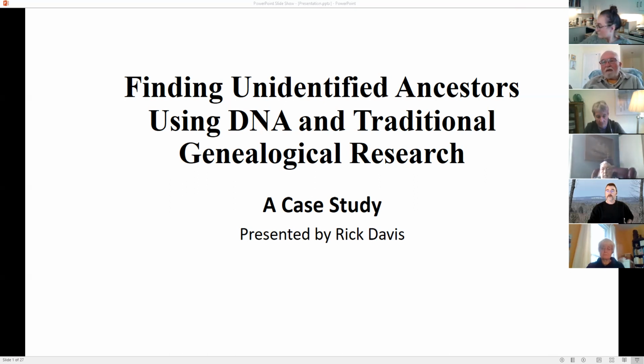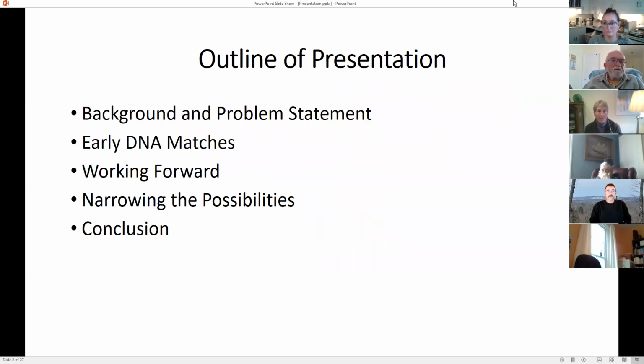Traditionally, we may lack enough records to be able to find them sufficiently, but using DNA gives us a much expanded source of information that we can use to kind of hone in on those ancestors. So I'm going to present a step-by-step approach. If Sharon can give me the next slide, please.